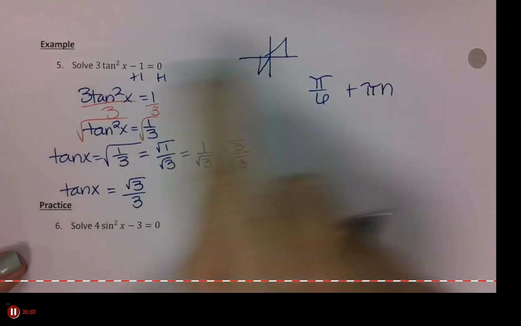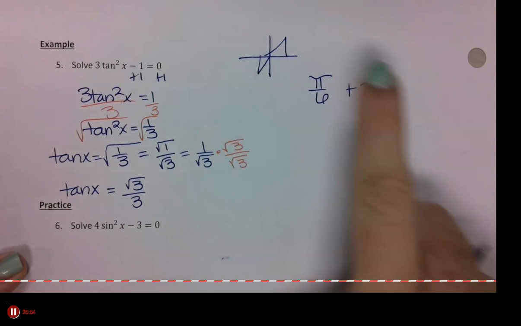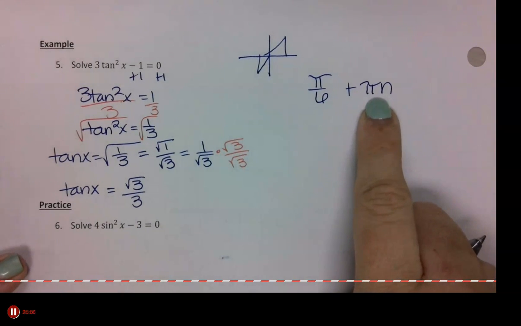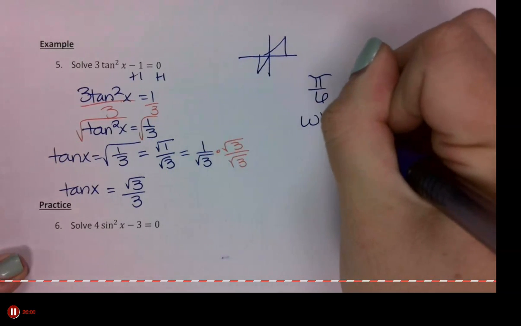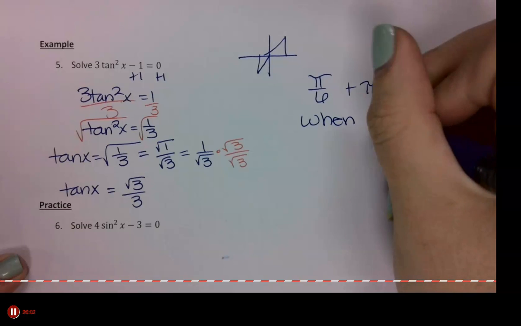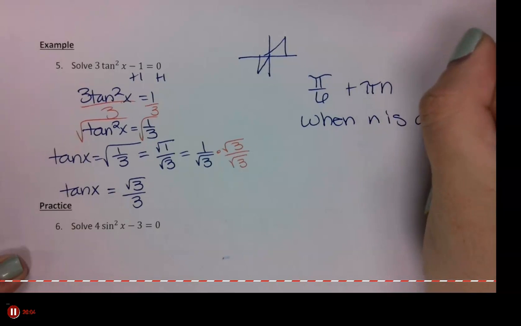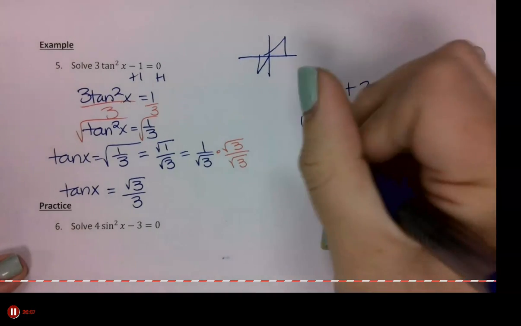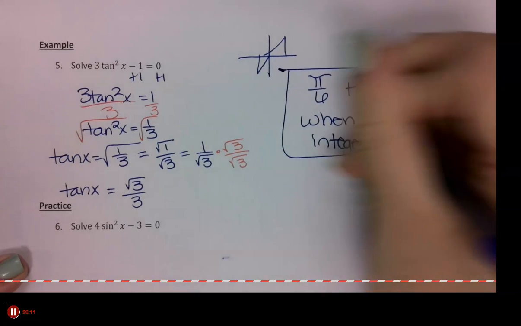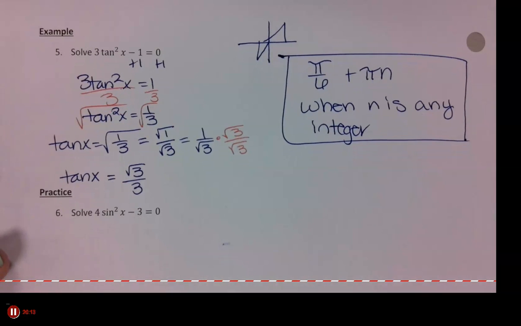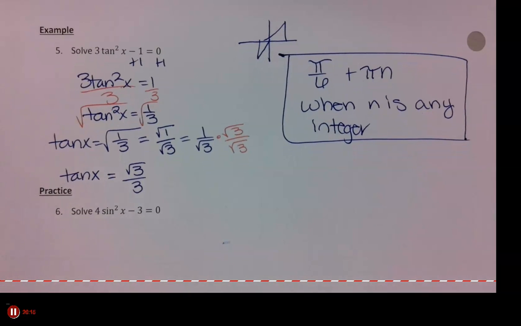And I don't have to worry about writing this other quadrant, because if I plugged in 1, it would put me in the third quadrant. So for tangent and cotangent, I only need to write one answer. Questions here?